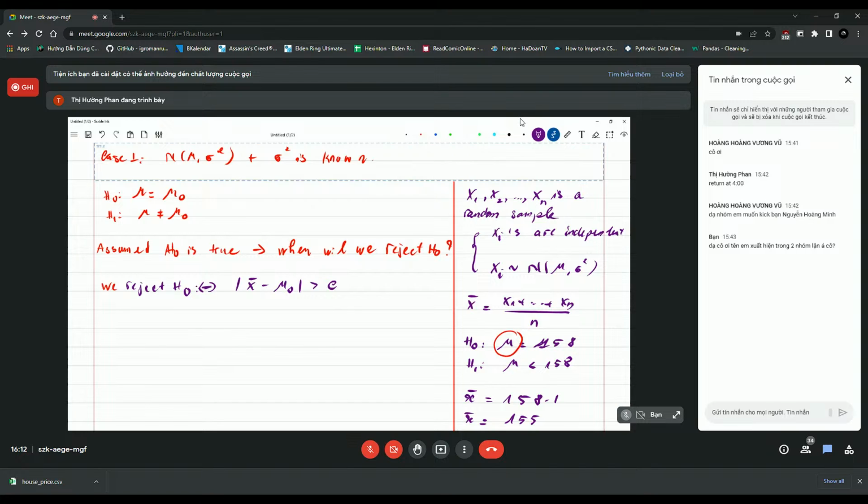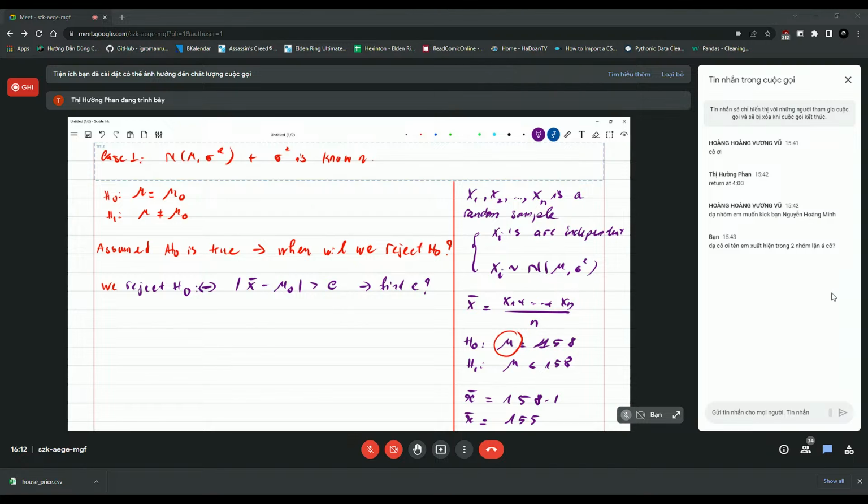Okay, so the question now is we need to find the constant C, because the constant can tell us the conclusion of H0. How to find the constant? Theoretically, we want C to be as large as possible, but we need some limitations. Otherwise, how can we find C?